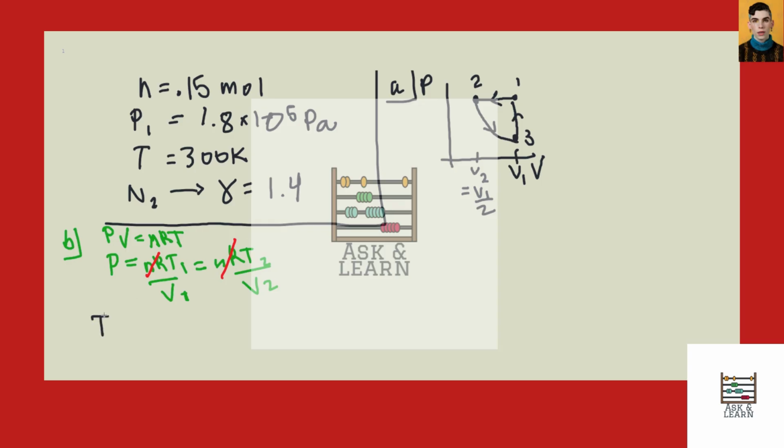Then you get T2 is equal to V2 divided by V1 times T1. I just algebraically manipulated that. We know V2 divided by V1 is a half, because V2 is half of V1. And T1 we know is 300, so we're just going to halve that to get the new temperature.